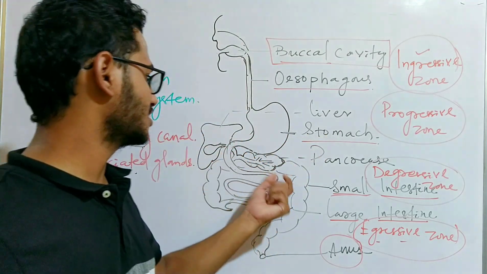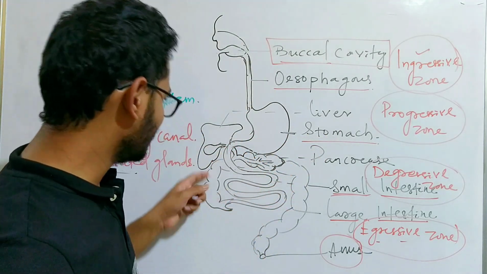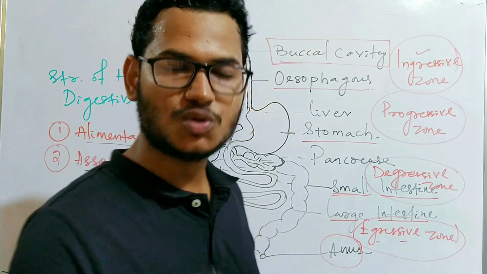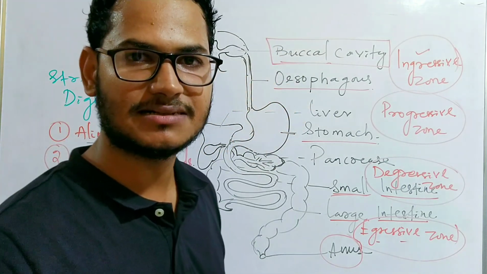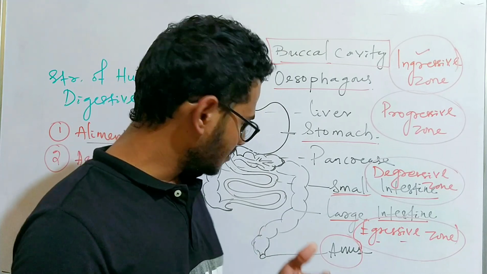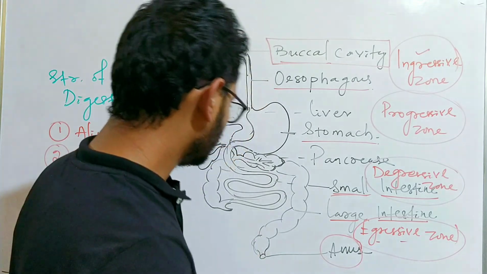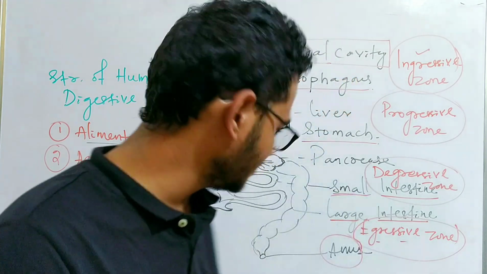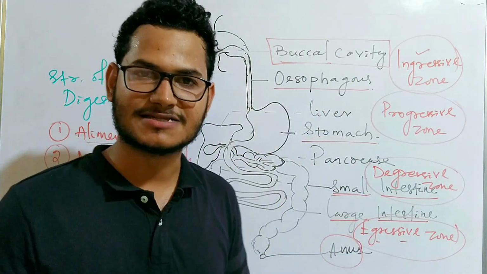Then it passes through the small intestine. Finally, it reaches the large intestine, and the food which is undigested remains in complex form and is passed out from our body through the anus.